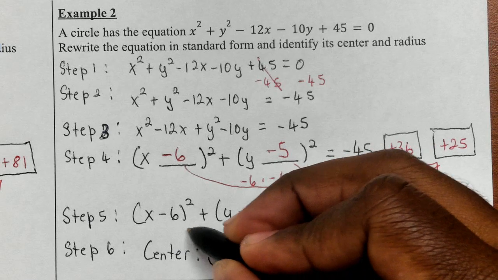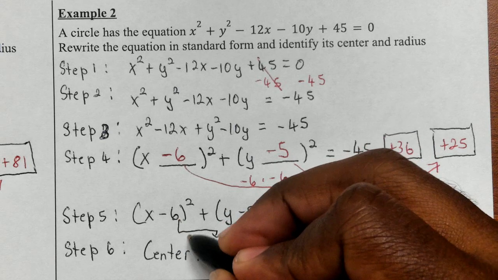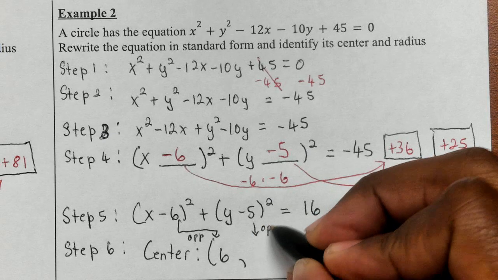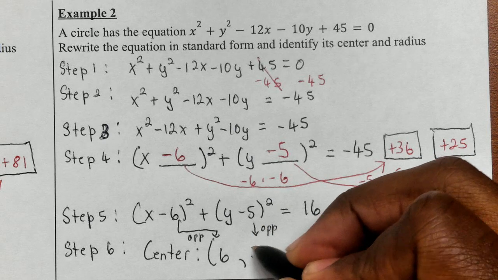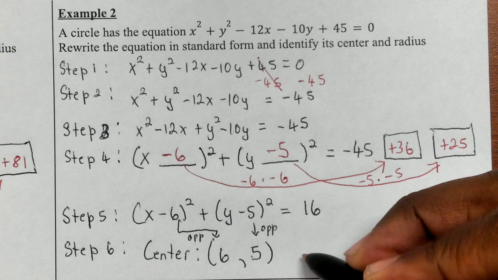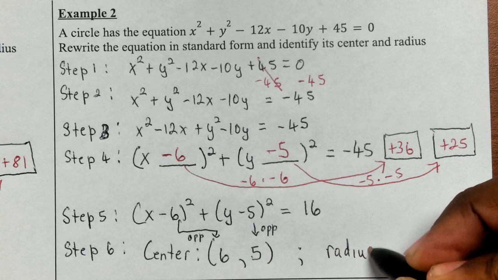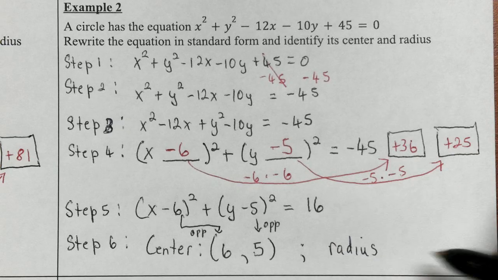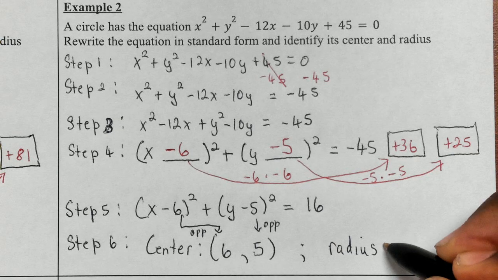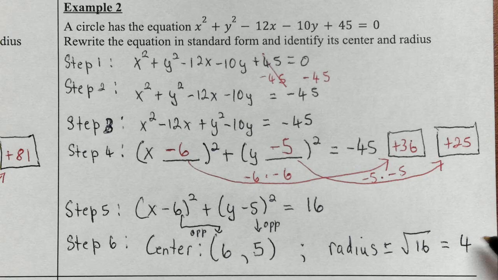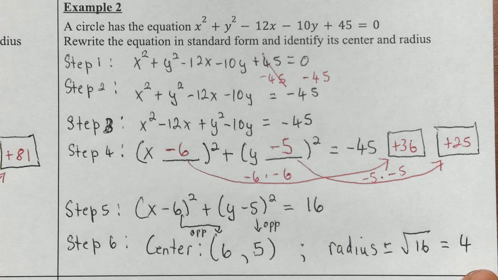The opposite of the k gives me positive 5. And the radius would be the square root of this number, so the square root of 16, which is 4. So again, just like that.